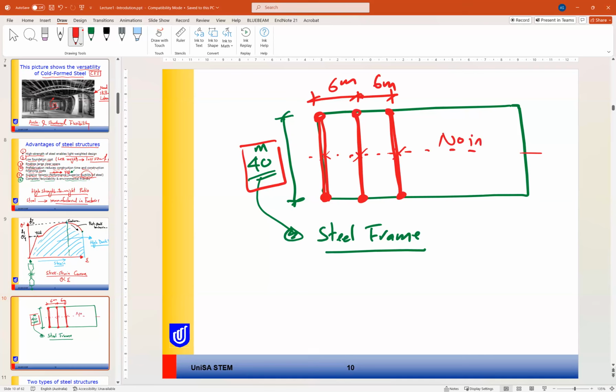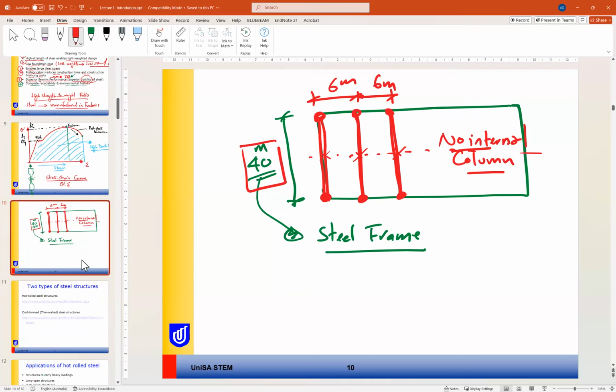So no internal columns. This is a big advantage in the design or construction industry because in some cases the purpose of the building will require clear spans. So the steel will give us this advantage.